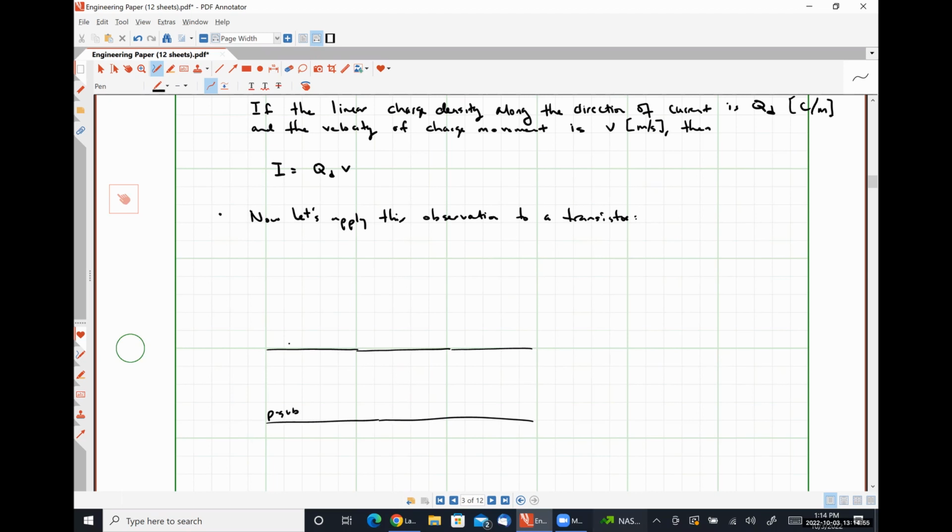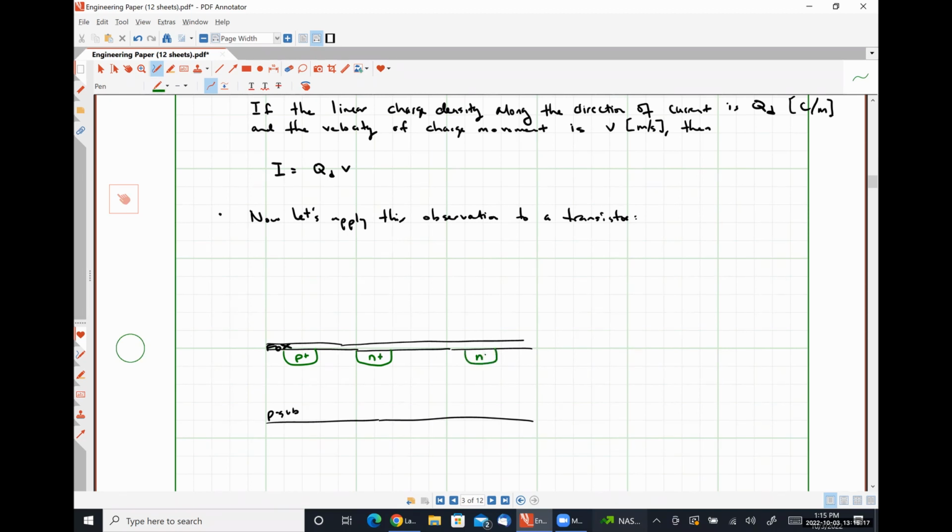So here we have our substrate, our very thin field oxide layer, body. This is going to be our source.